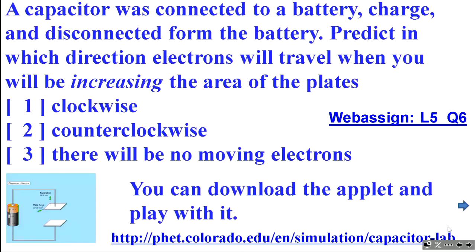And then what do I do? Increase in area. Well, what can I do? I could move the plates, but in this particular situation, I'm increasing the area. That's it. And the question is, how would electrons move?